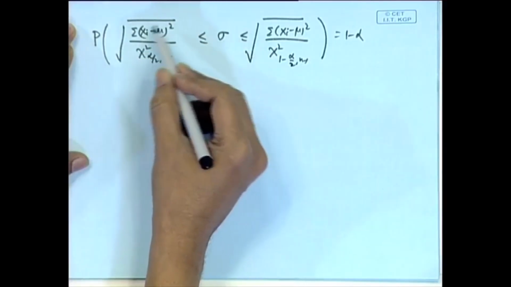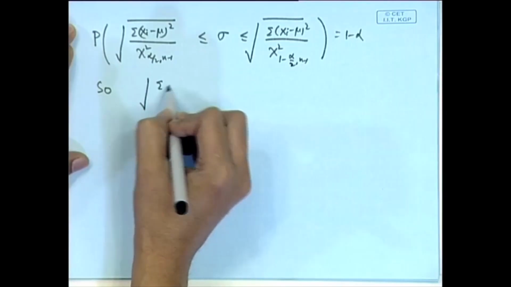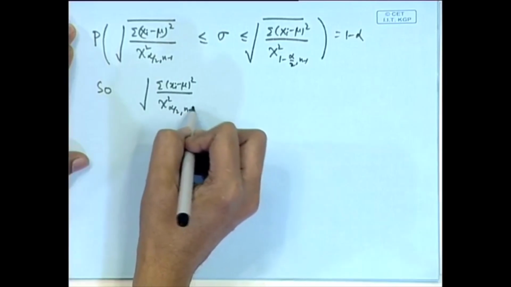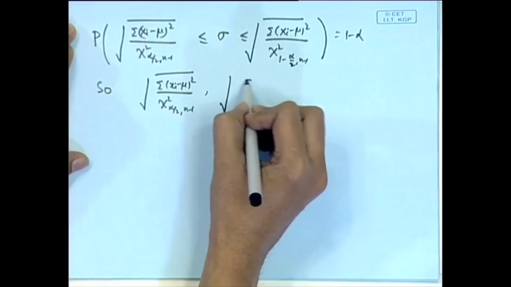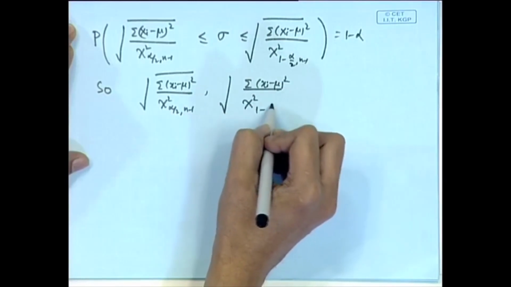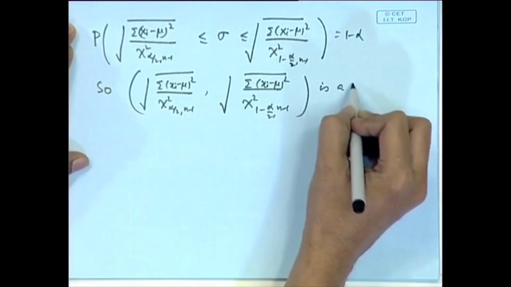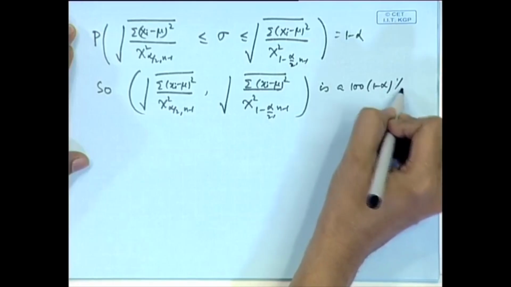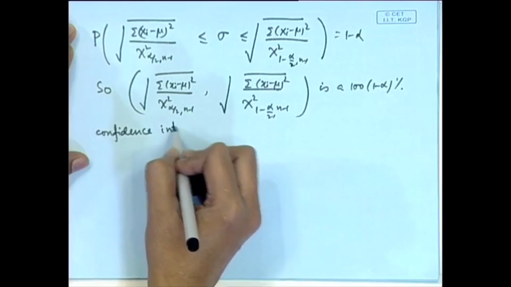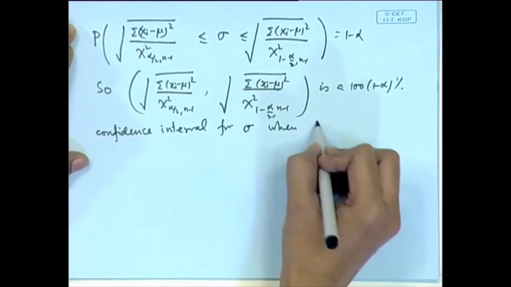So we get a confidence interval for sigma also: the square root of the sum of (x_i minus mu) whole square by chi square alpha by 2, n minus 1 to the square root of the sum of (x_i minus mu) square by chi square 1 minus alpha by 2, n minus 1. This is a 1 minus alpha percent confidence interval for sigma when mu is known.